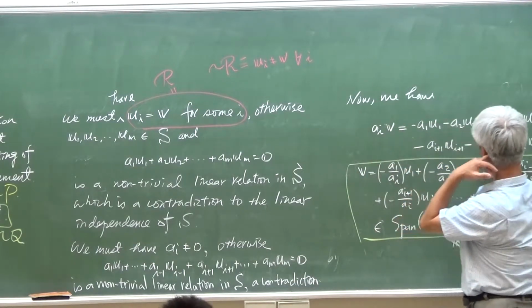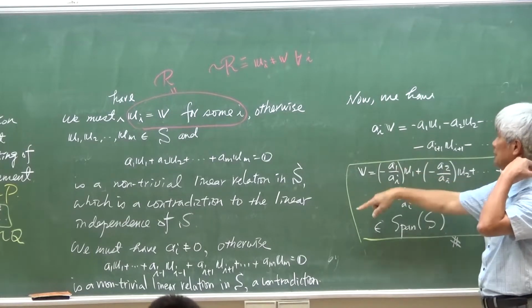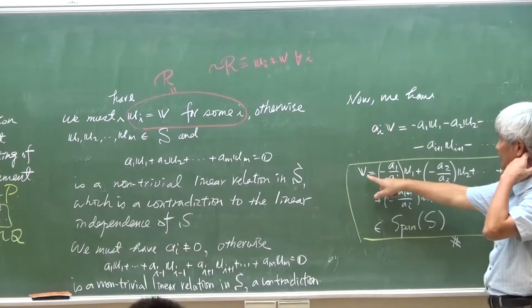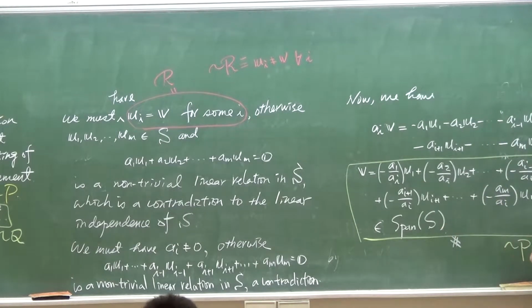So I can write it this way and divide, because ai is non-zero. So I can express v as a linear combination of elements in S. And so I finish the proof.